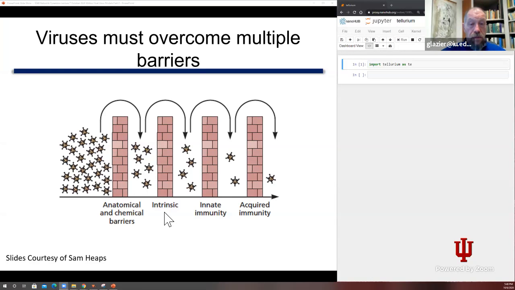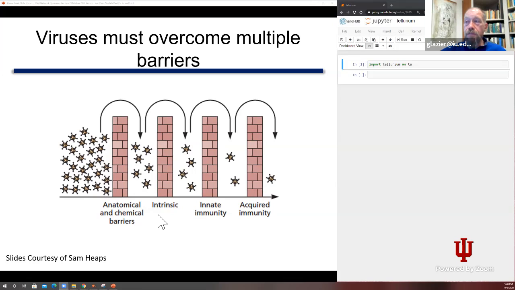Some of those are biochemical, like those RNases, again, to some extent. Some of them we'll talk about in a little more detail. Then once you get past that, there are cellular innate immune system responses. We won't really talk about that in the context today, maybe 1 or 2 slides. And then once you're actually really infected, which is the model that we've been talking about, then you have acquired immunity. And we'll talk a little bit about that.